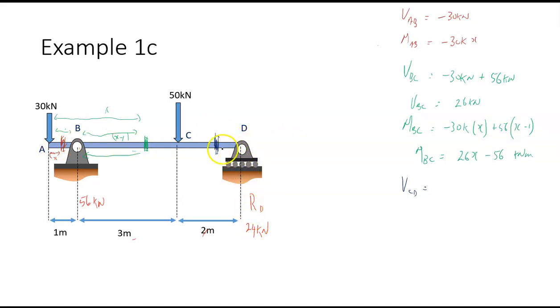So I should get 24k, but let's just work it out anyway. I have minus 30k plus 56k minus 50k, and if I add them all up, I get 24k.